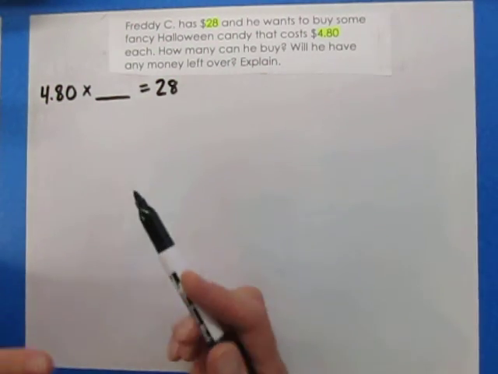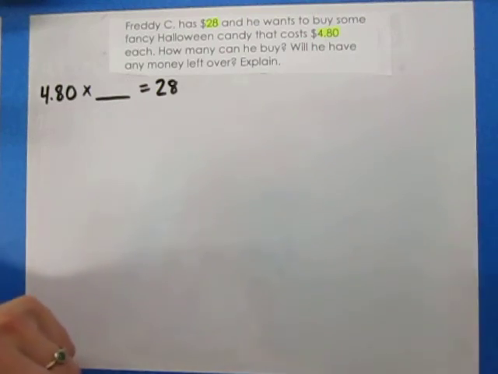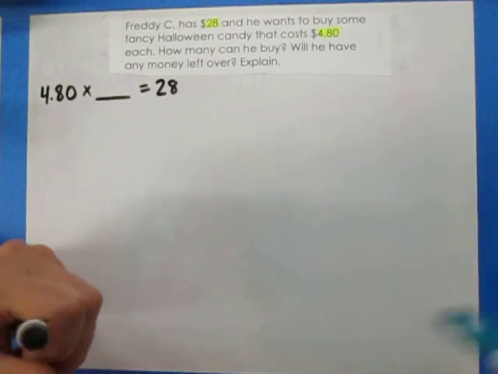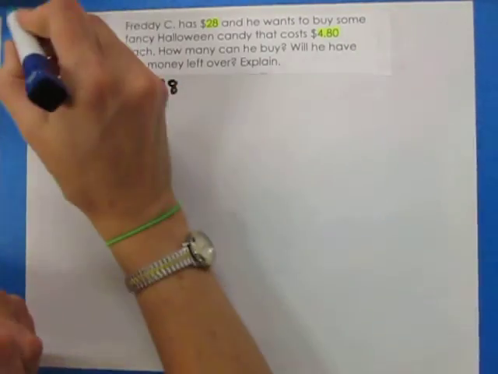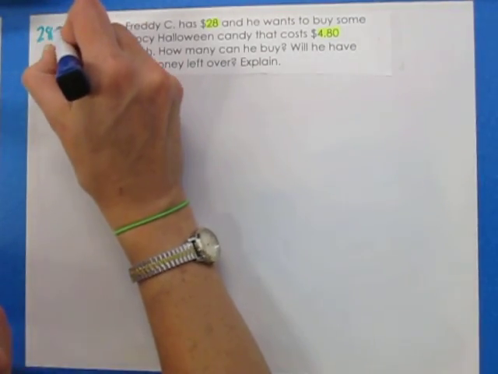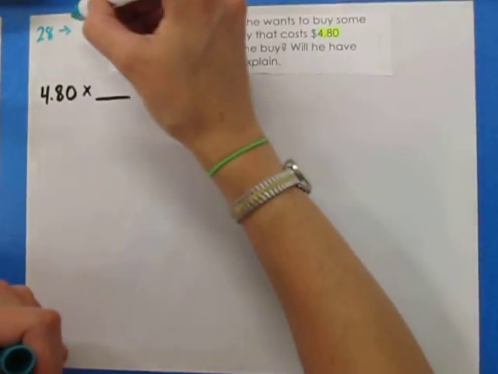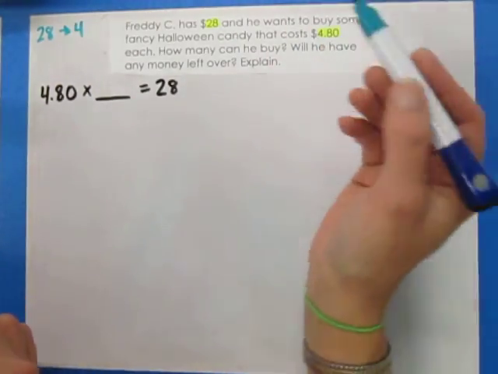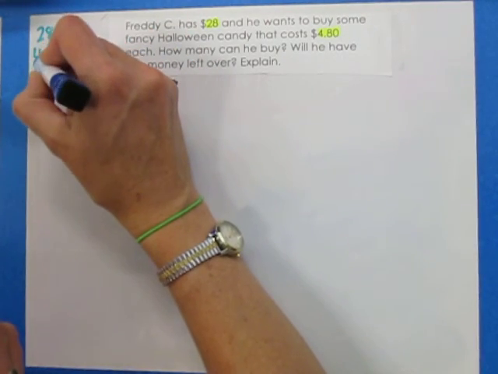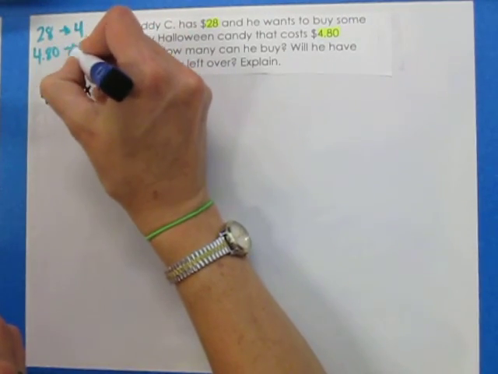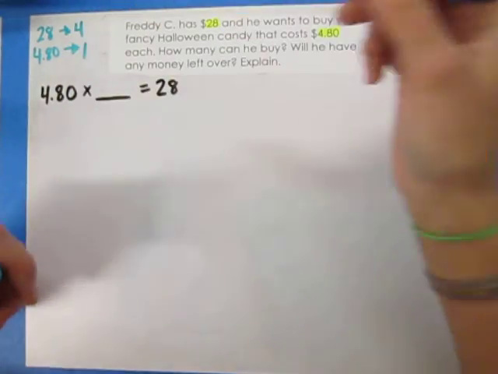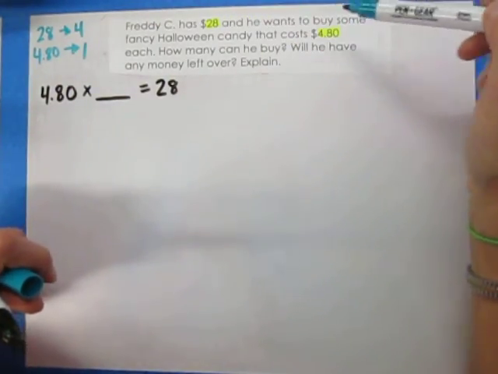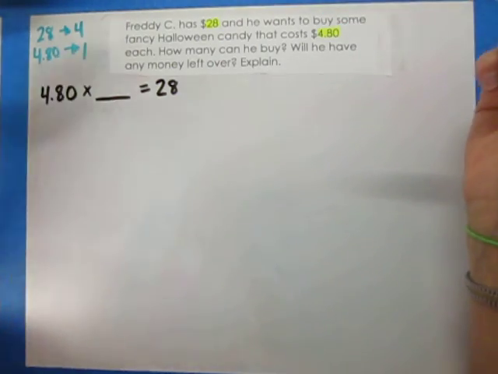And so if you think of it in terms of simpler numbers, maybe 28 you can really think of as, I don't know, 4, and 480 you can think of as 1. And if you think of it as Freddie has $4 and he wants to buy some candy that costs $1 each, well, that's easy.